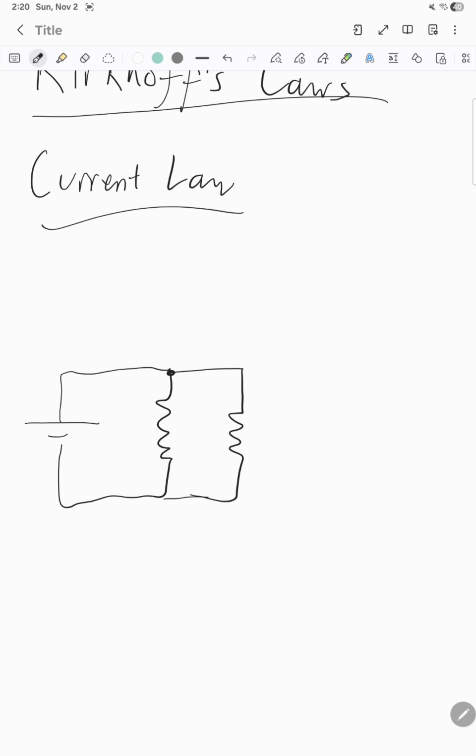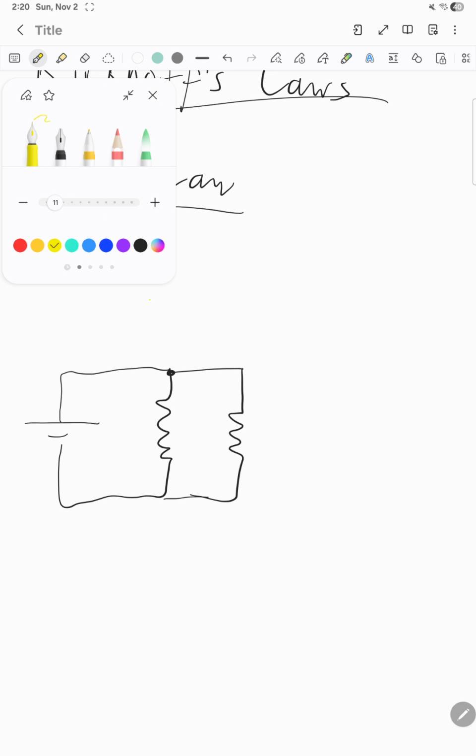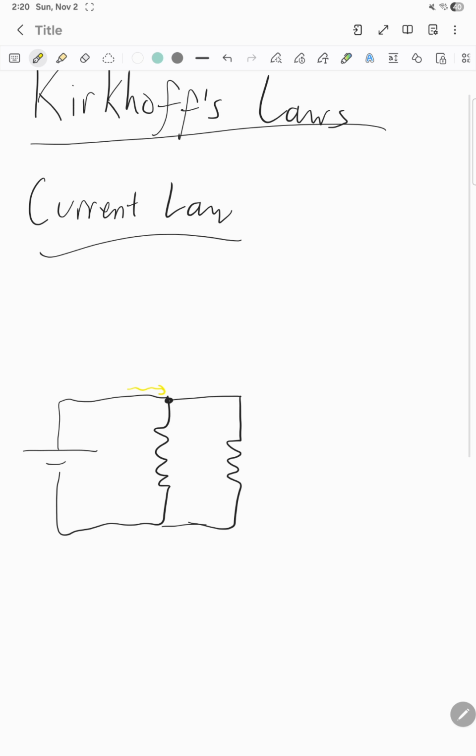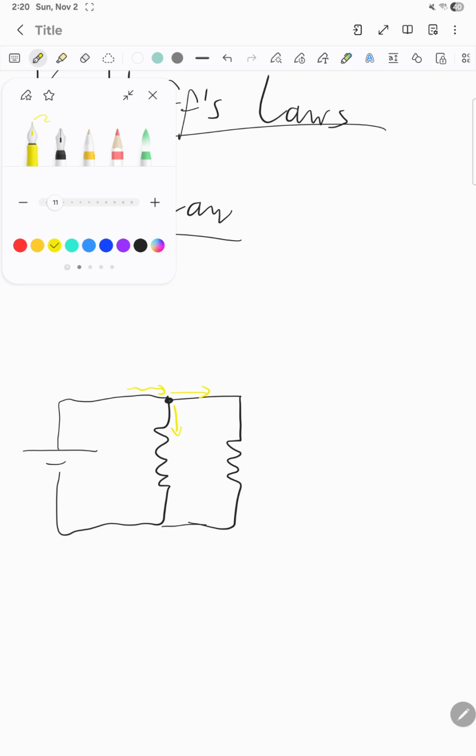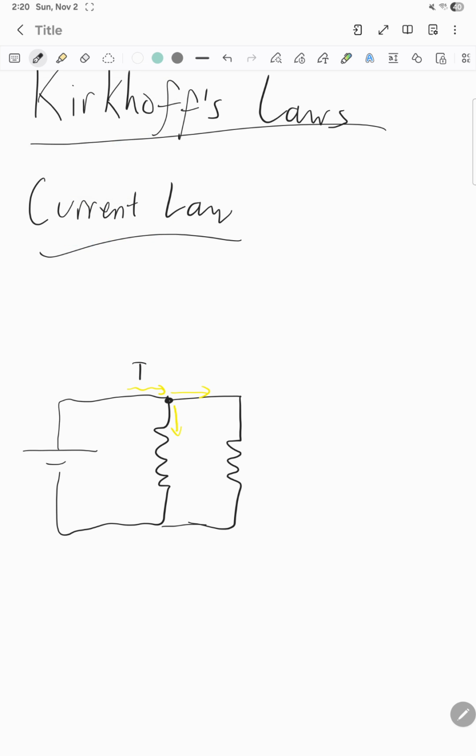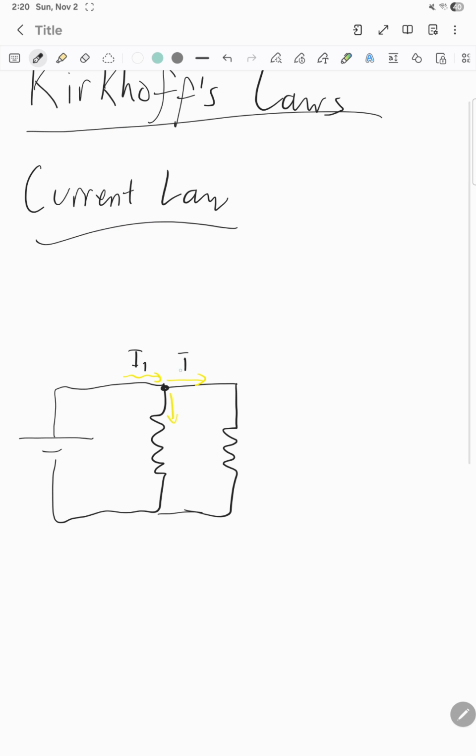This is important because you have current passing here, and the current can escape and go out here, or it could go out here. So you have a specific I1 entering, an I2 escaping right there, and an I3 escaping here.